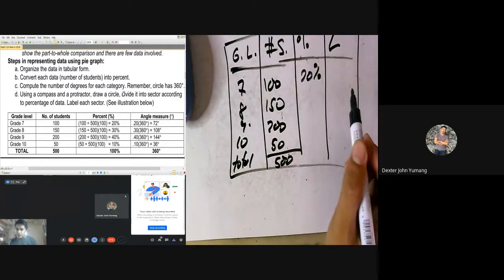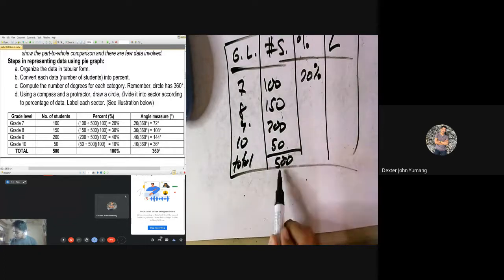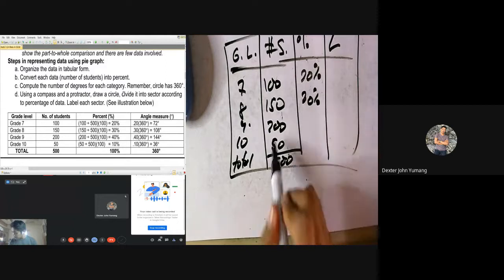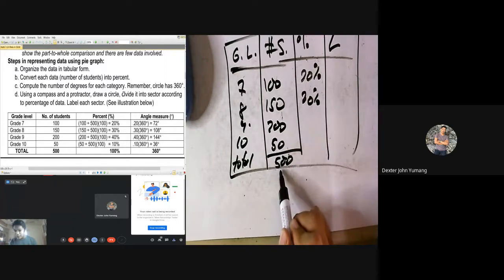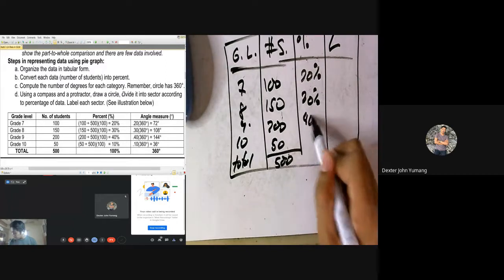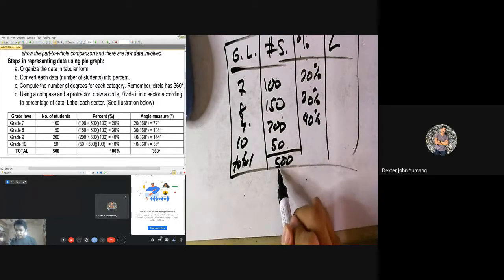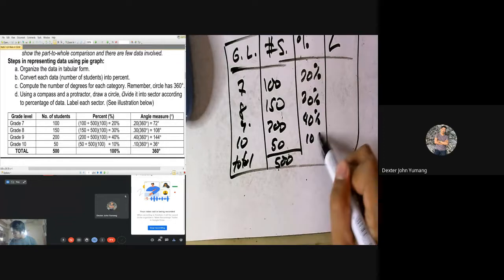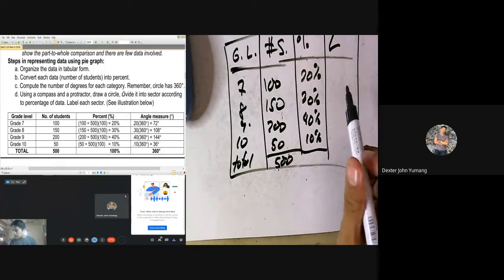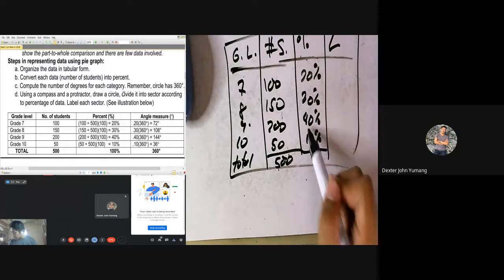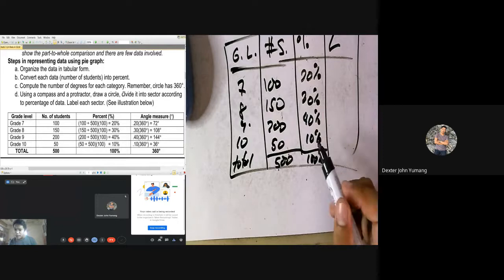Next, 150 divided by 500 times 100 is 30%. 200 divided by 500 times 100 is equal to 40%. 50 divided by 500 times 100 is equal to 10%. To double check your answer, dapat po 100% ang total. 20 plus 30, 50 plus 40, 90 plus 10, 100. So that is 100%. So therefore, tama po ang pag-solve ninyo.